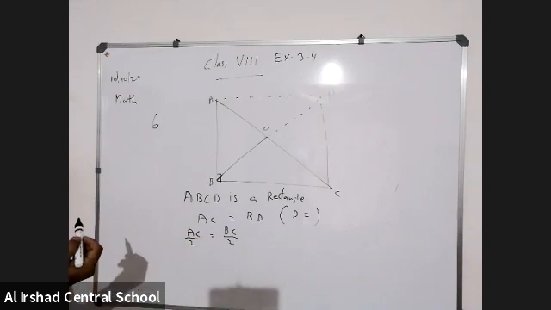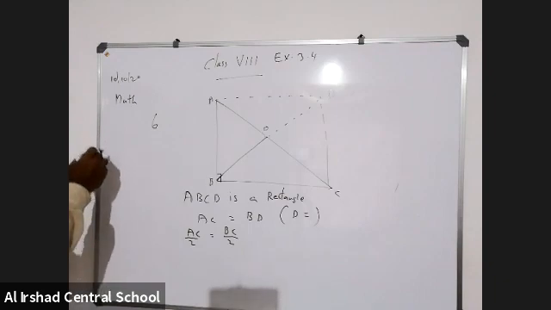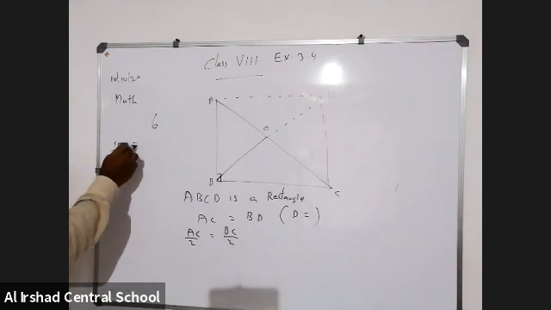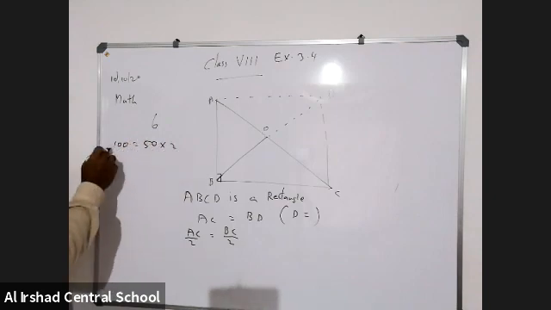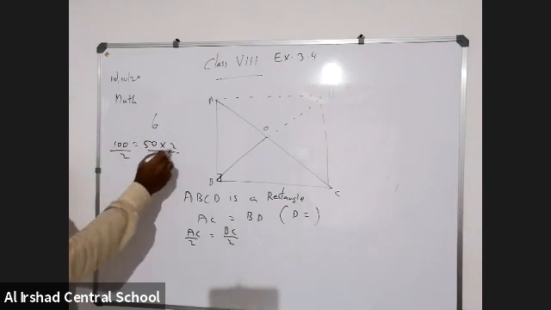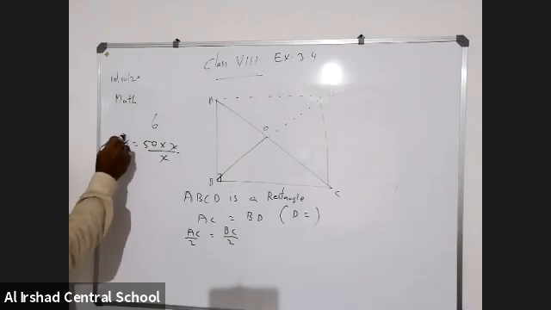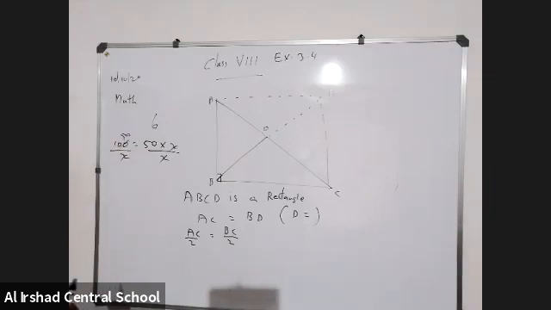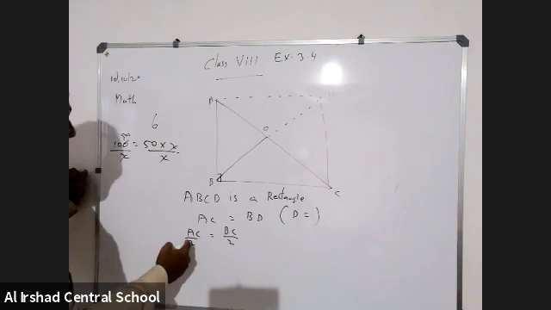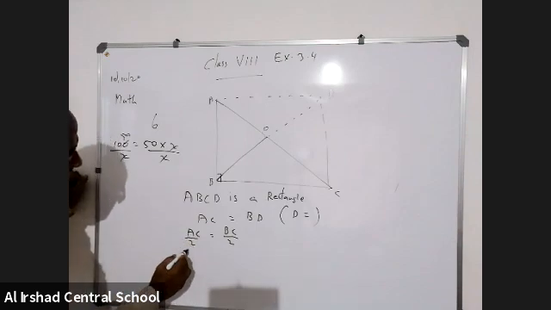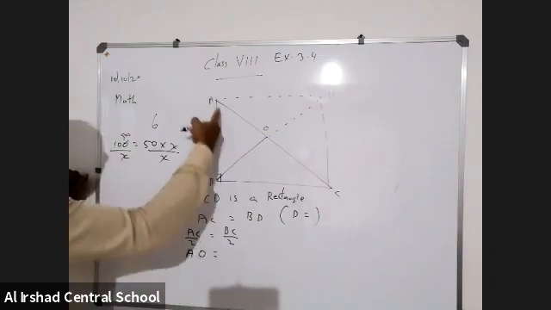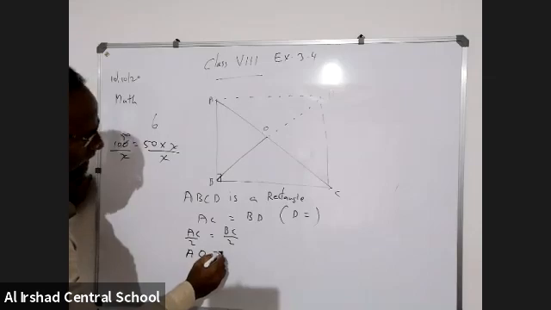For example, 100 is equal to 50 into 2, so 100 divided by 2 is 50. What is AC by 2? That is AO. Half of AC is AO, and half of BD is BO.